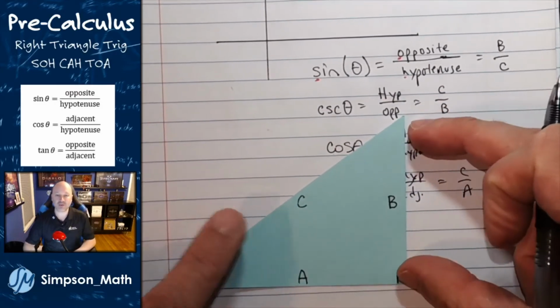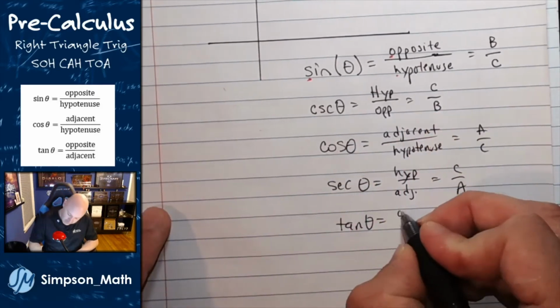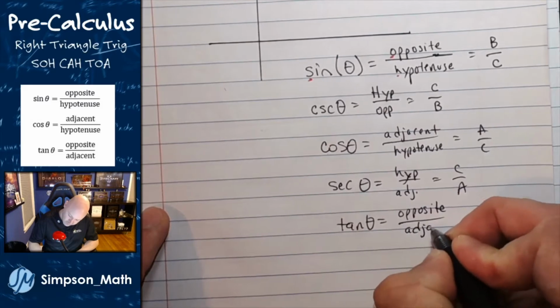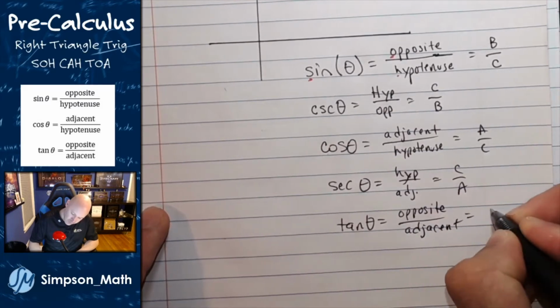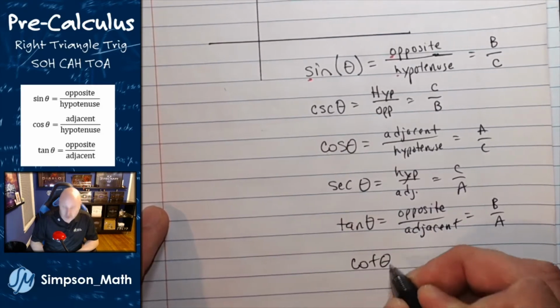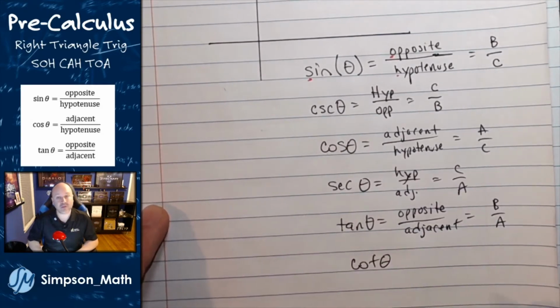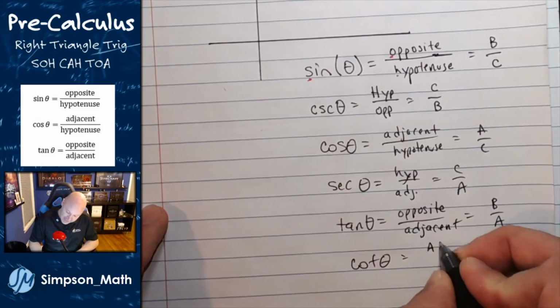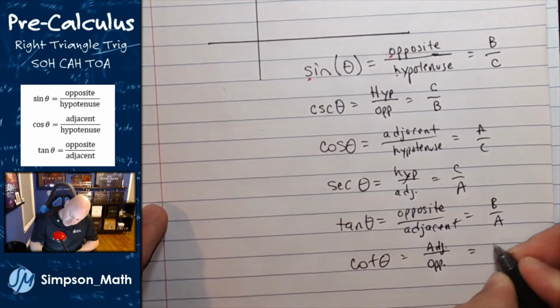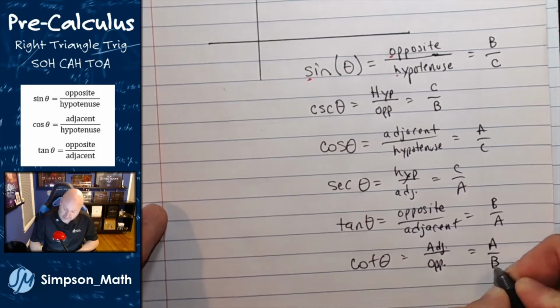In this terminology, we have opposite over adjacent, or B over A. Cotangent of theta would be the reciprocal, the adjacent over the opposite side length. With this example triangle, that would be A over B.